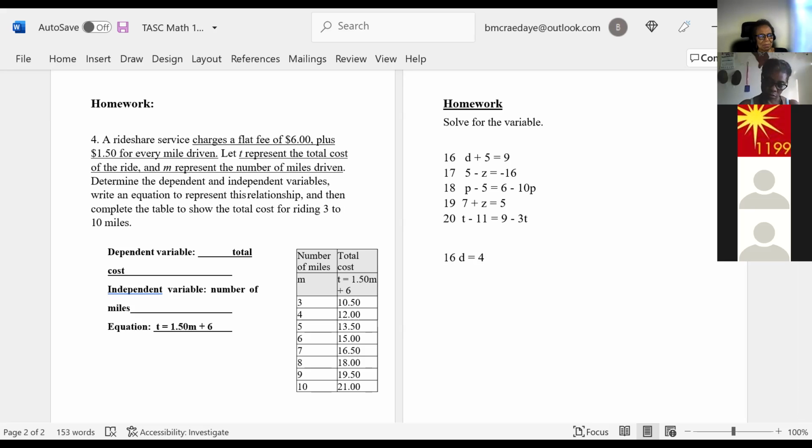Sometimes your eyes deceive you. Right here, you're really subtracting 5 from both sides, but you don't have to do that. You can just use mental math and say what number added to 5 gives 9. That number can only be 4. So D is equal to 4.